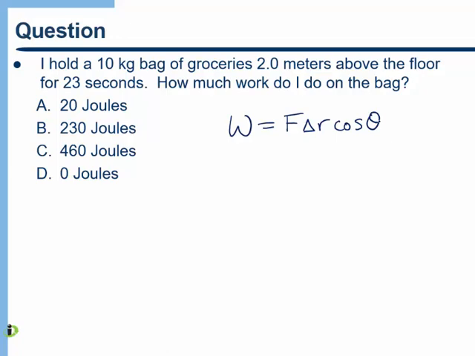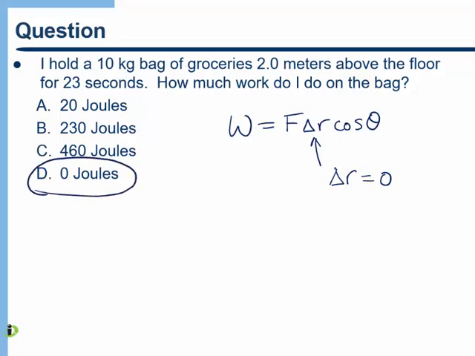But remember, what we mean by work is, are we giving the object energy or taking energy away? If all you're doing is keeping that bag stationary, you're certainly not giving it any energy or taking energy away. And that's because the displacement, delta r, is 0.